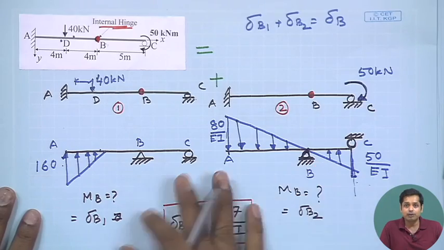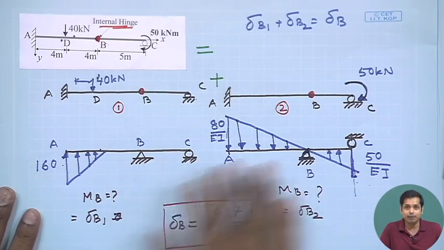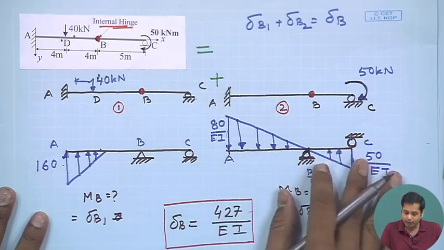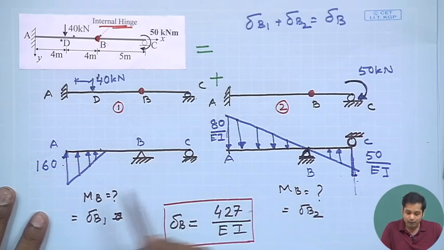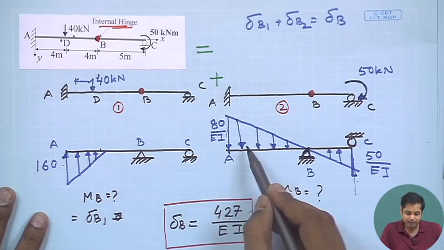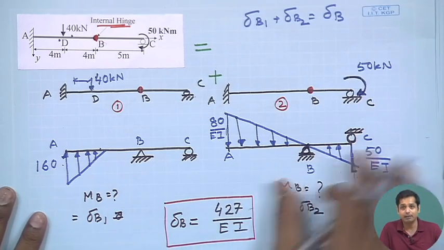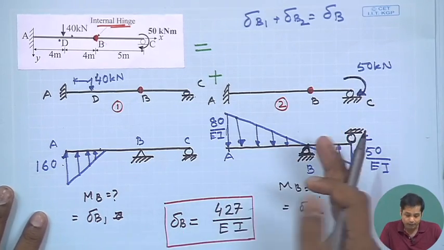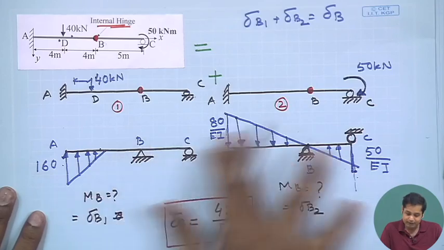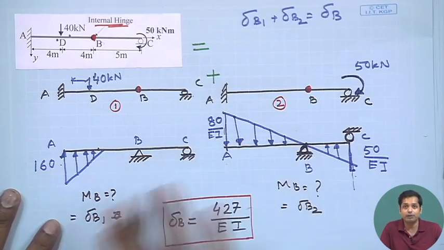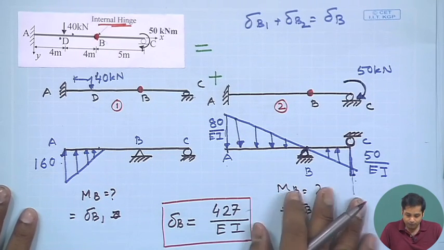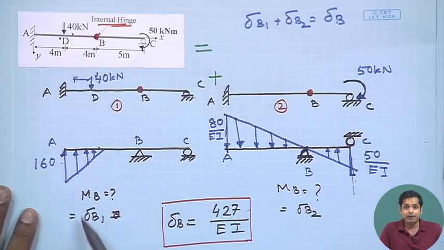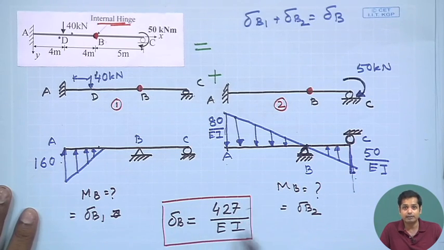Without that we could also determine delta B, but the bending moment diagram would have been this plus this, and the variation over the same length would be more. That is probably why, with this approach, the calculation becomes easier. Please find out delta B1 and delta B2 and check whether you are getting these results or not.